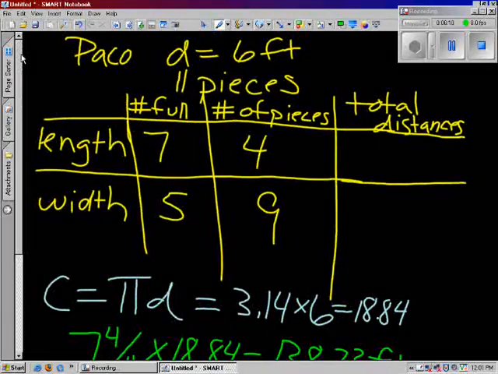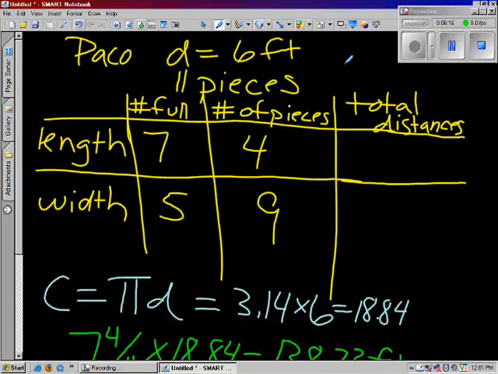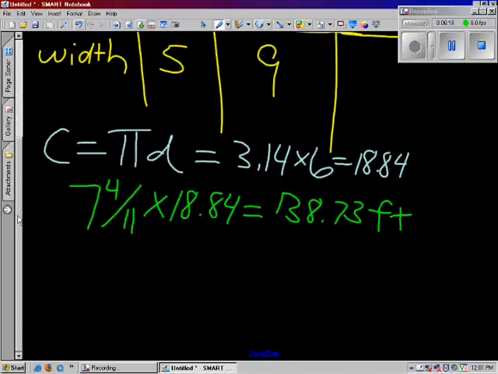Right? If I do it in decimal form, again, I've got 7 full rotations, I've got 4 pieces, and 11 pieces total. So first things first, I'm going to take 11 and divide it by 4. And that's going to give me 2.75. Hang on, I did that backwards, didn't I? Thanks for telling me that, guys. Take 4 divided by 11 to get that in decimal form.